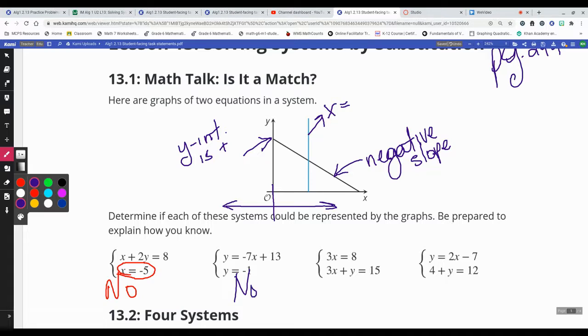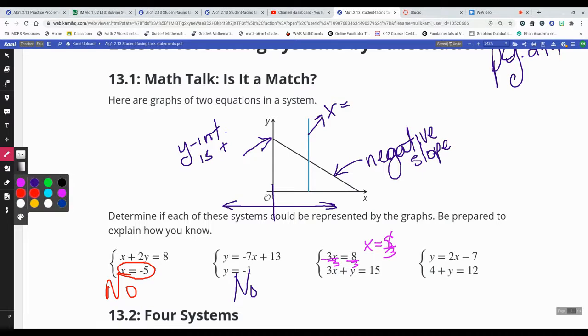All right, let's look at the third one. It says 3x is equal to 8. Right? So if 3x is equal to 8, then this is the graph of x equals 8/3. That's a positive vertical line, so that's possible, sure. Let's look at the second one.